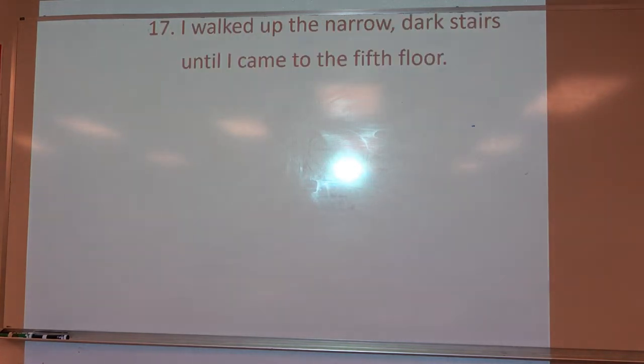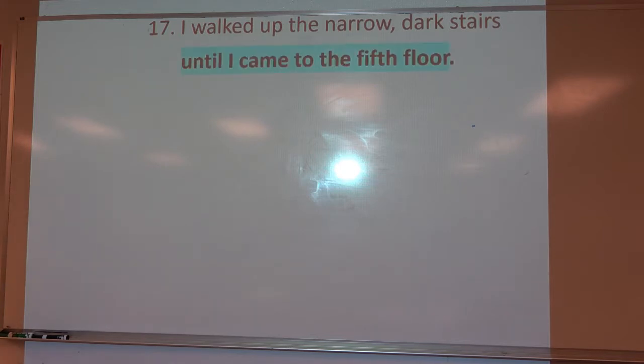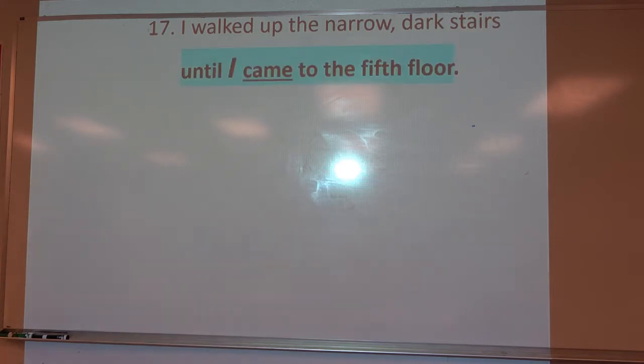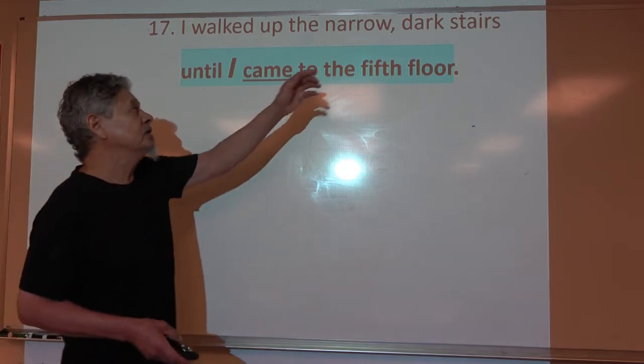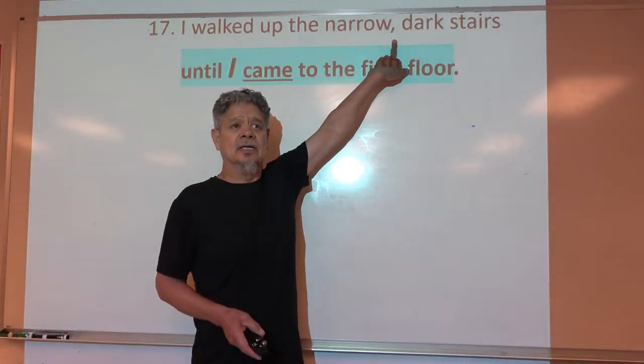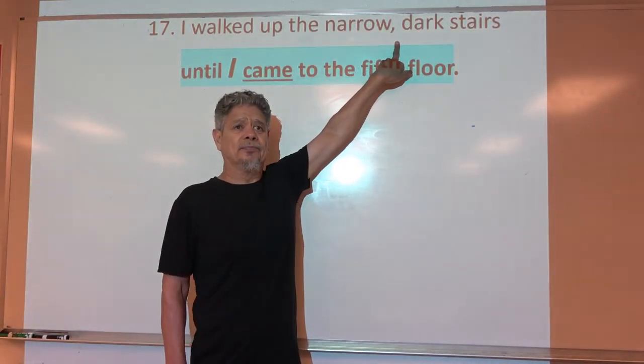Araceli, can you read this one? I walked up the narrow, dark stairs until I came to the fifth floor. Very good. Dependent clause? Until I came to the fifth floor. Excellent. This is the subject and that's the verb. By the way, you see this comma? Yes. This comma is a little unusual.